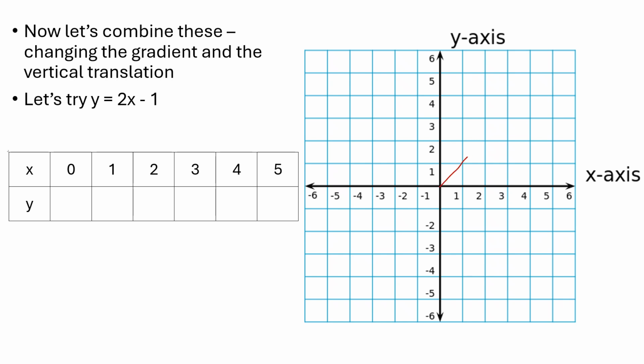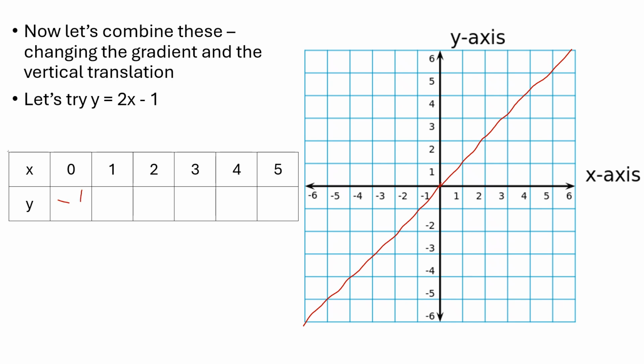So now we're going to combine both of these things. We're going to do 2 changes. We're going to change the gradient and the vertical translation. Now, we could do this thinking of it as our in-out machine and filling in our table. So we go, whatever the x is, we multiply it by 2, take away 1.